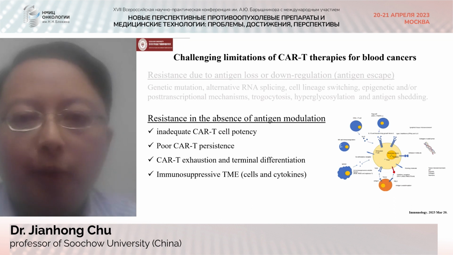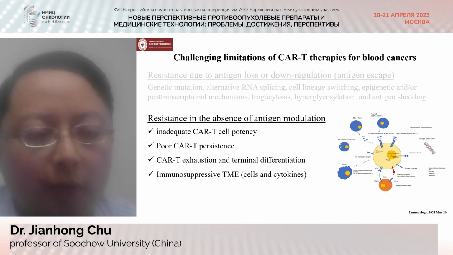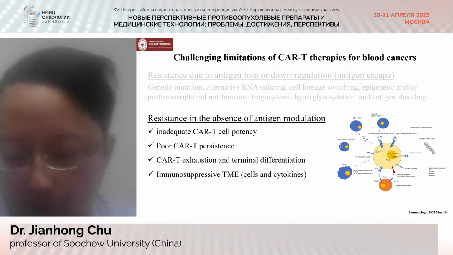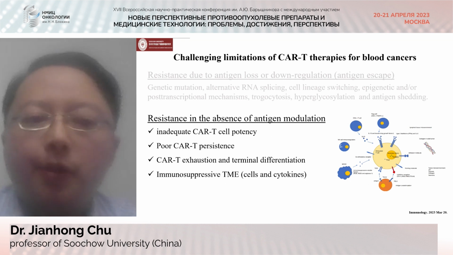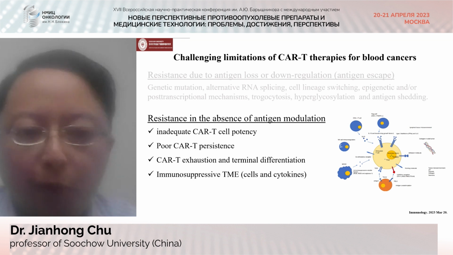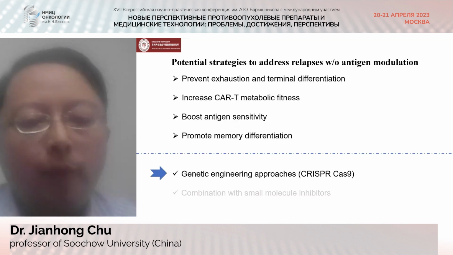The second challenging limitation of CAR T therapy is CAR T resistance in the absence of antigen modulation. This is often related to inadequate CAR T cell potency, poor CAR T persistence, CAR T exhaustion and terminal differentiation, and also the immunosuppressive tumor microenvironment, including tumor suppressive cells and cytokines.